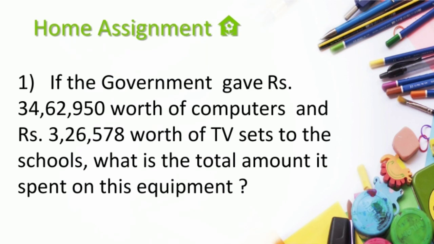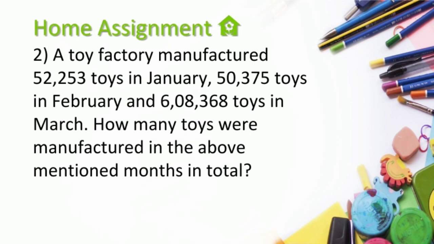Question number 1. If the government gave 34,62,950 worth of computers and 3,26,000 worth of TV sets to the schools, what is the total amount it spent on this equipment? Now, question number 2.